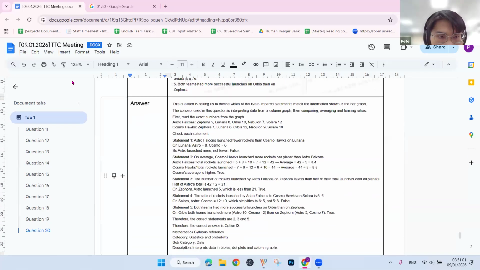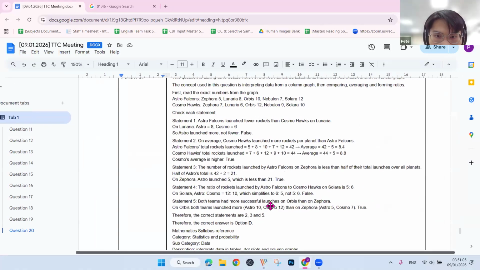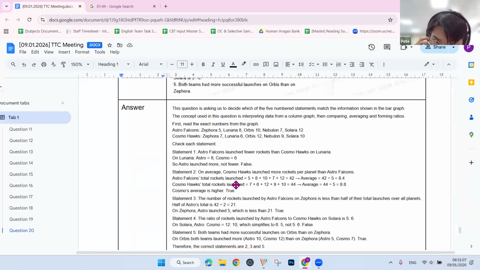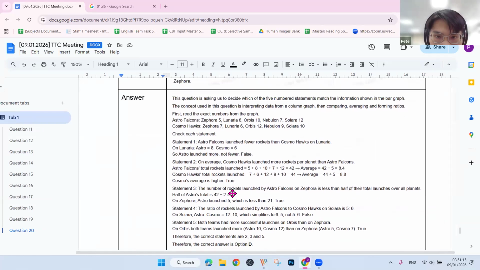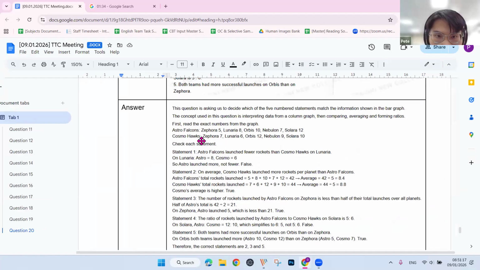The first statement says that Astrophagon launches fewer rockets than Cosmohawk on Lunaria. This statement is false because Astrophagon on Lunaria is 8, while Cosmohawk is 6, so it's not fewer.